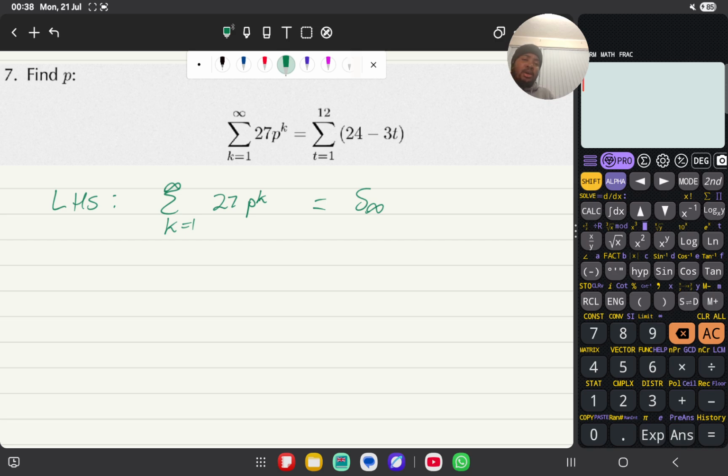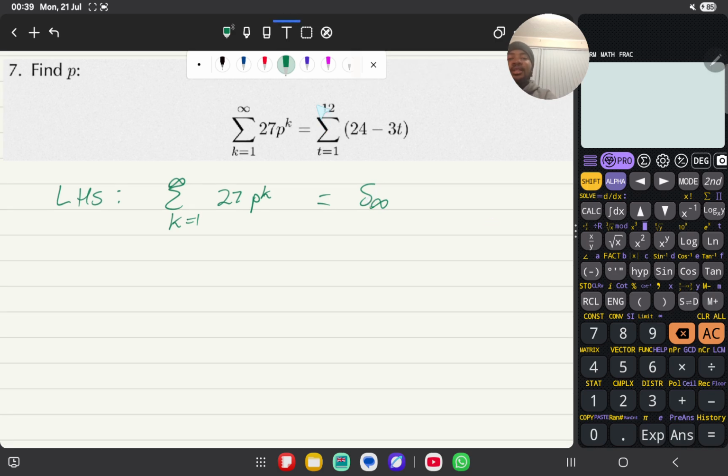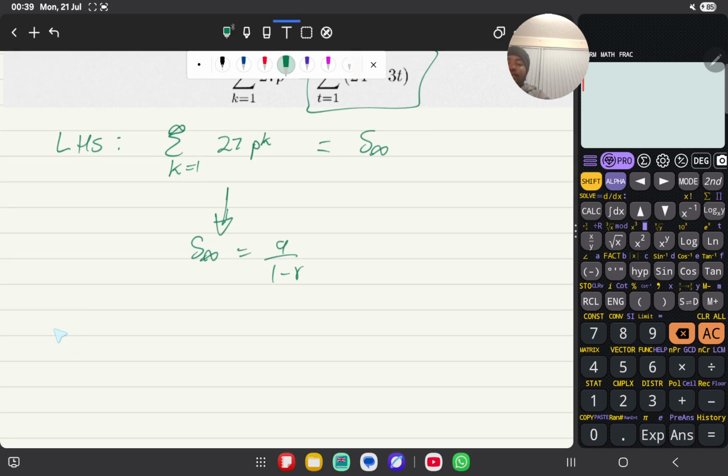And from the right hand side, you can tell that we're going to know exactly the value this side. After knowing the value this side, that says this series has a sum to infinity, and therefore you would use that formula of S to infinity equals to a over 1 minus r. Right, we will come to that. Let's just pause and focus on the right hand side.